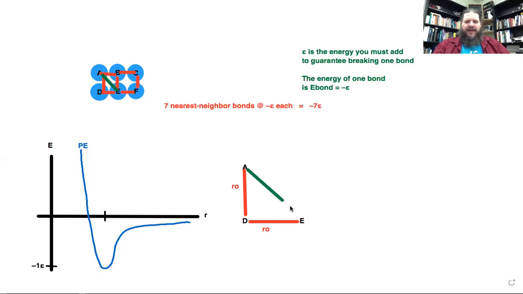And we want to know this diagonal distance. So if you set up the Pythagorean theorem here, leg squared plus leg squared equals hypotenuse squared, what's that hypotenuse going to equal? How does that relate to R naught? When you solve for H, what are you going to get there?